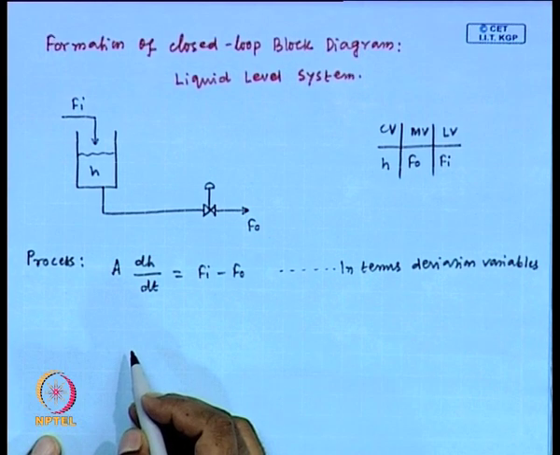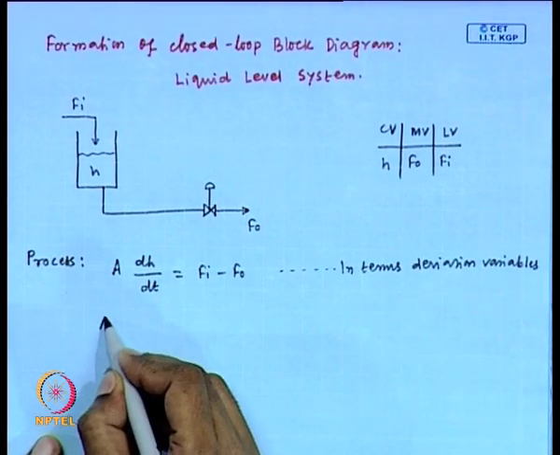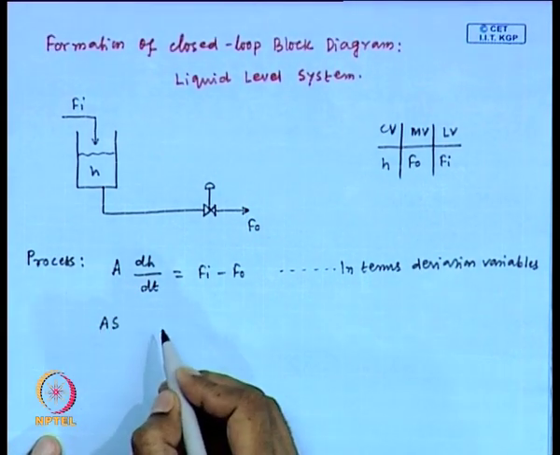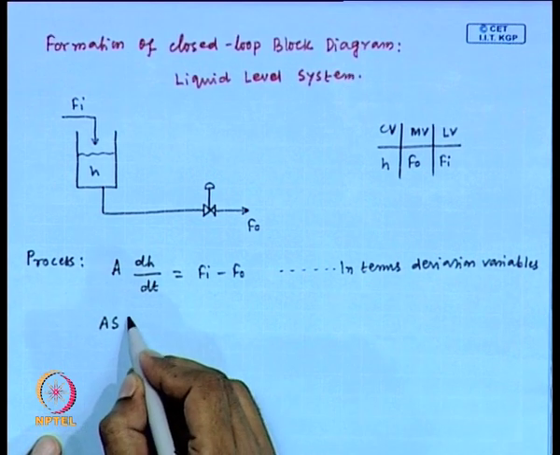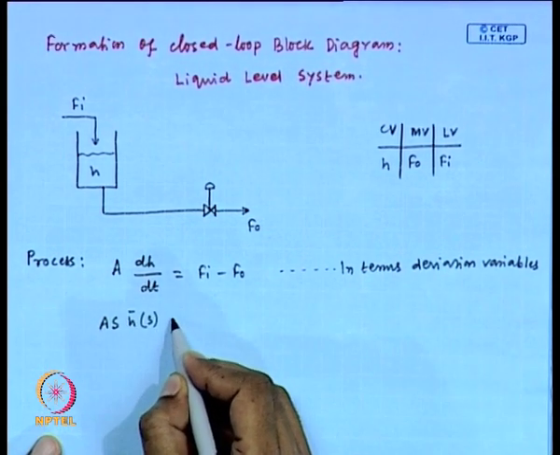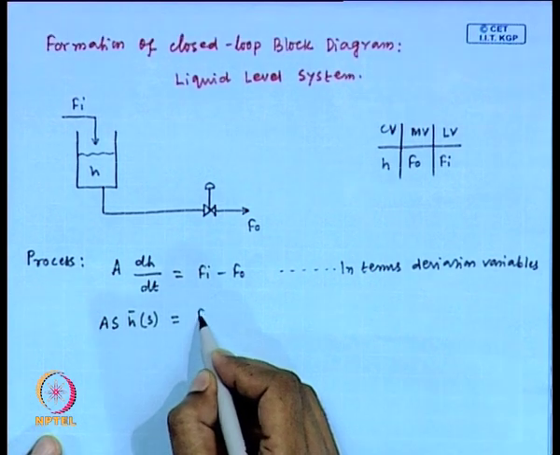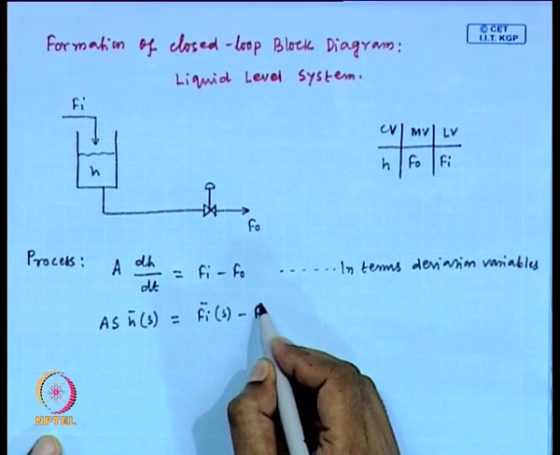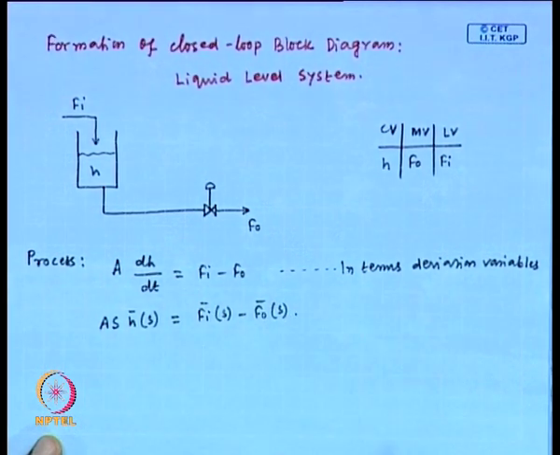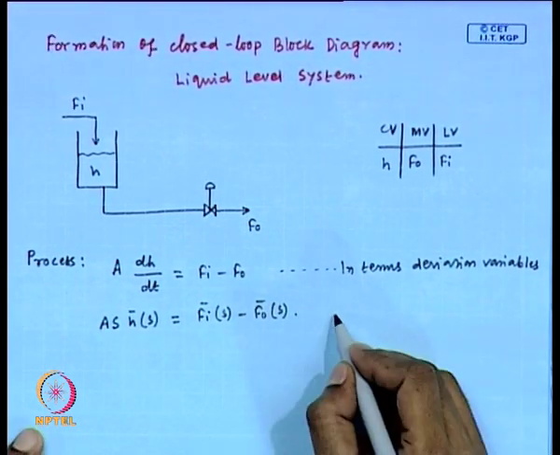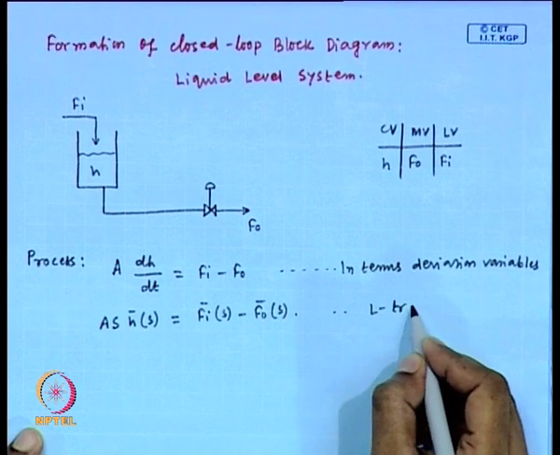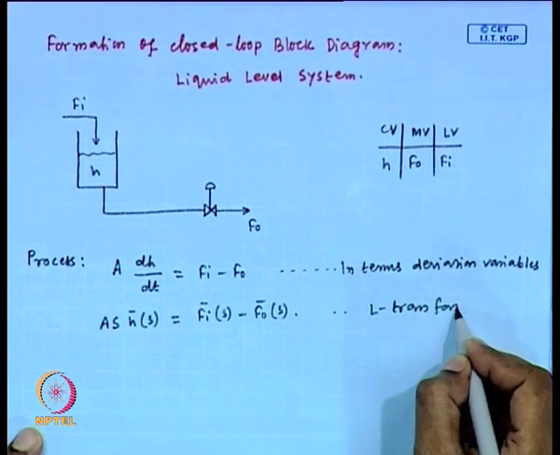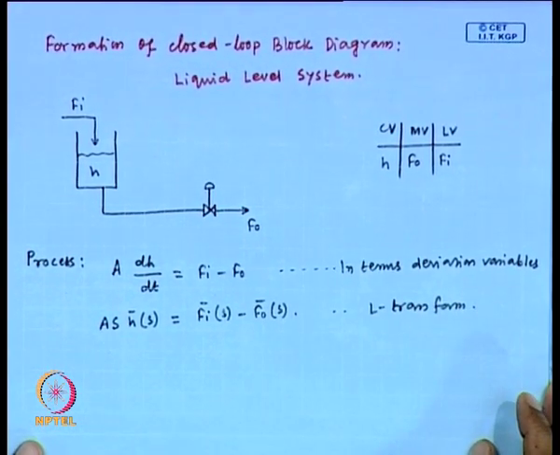If we take Laplace transform, then we get A s h bar(s) equals Fi bar(s) minus F naught bar(s). Taking Laplace transform, we get this form.